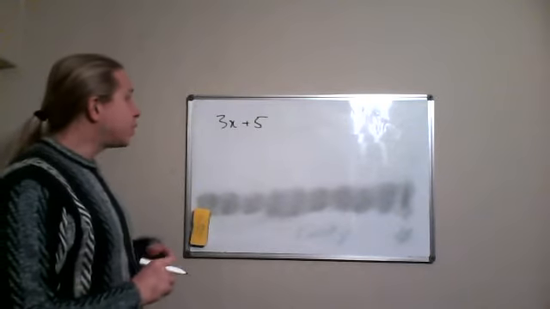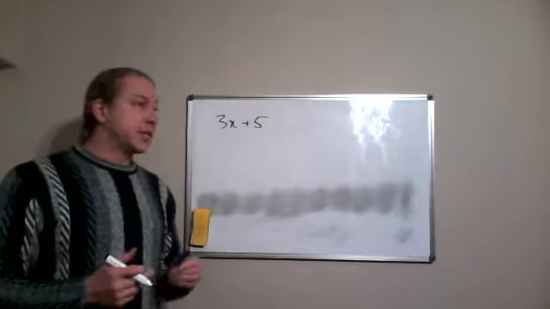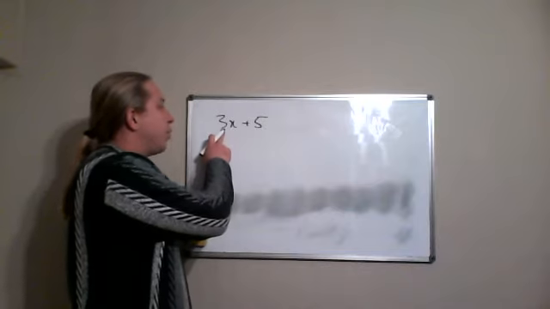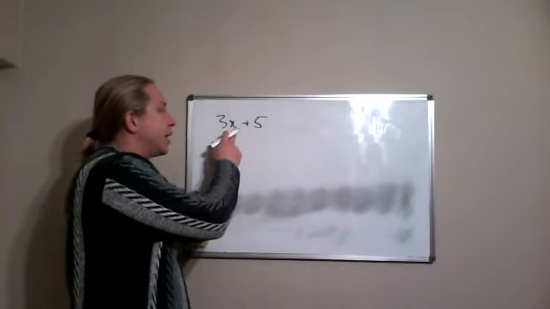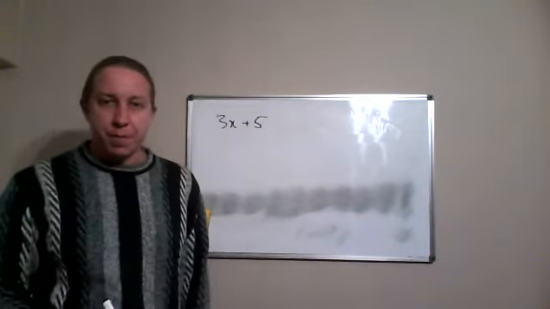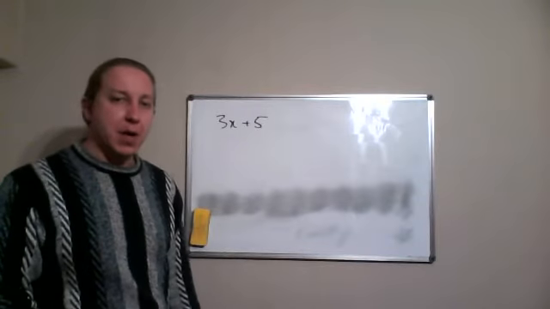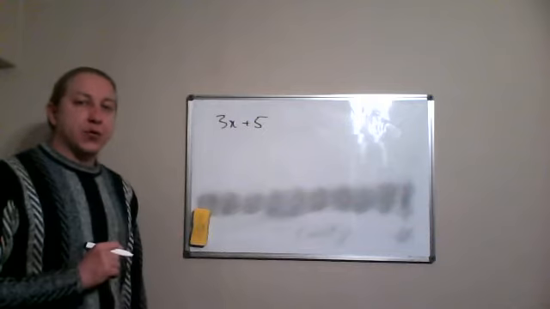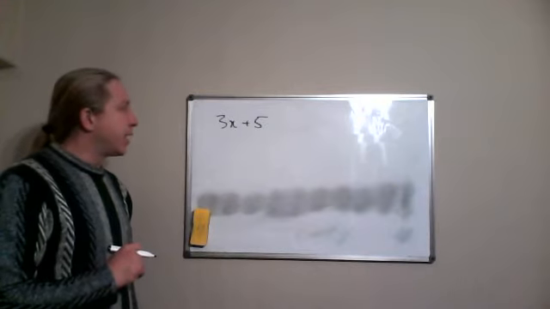This could be, say, 3 packs of marbles with 5 marbles in each, plus 5 I already have at home. I'm just counting something up. But the way it's written, this is an algebraic expression.